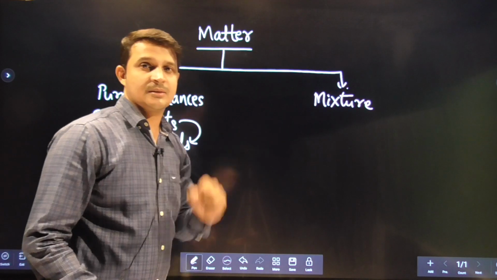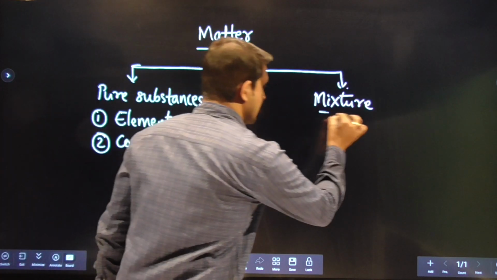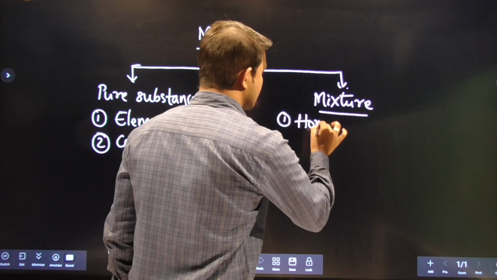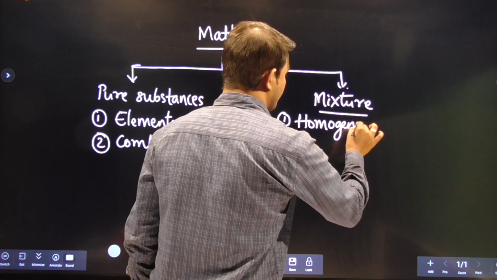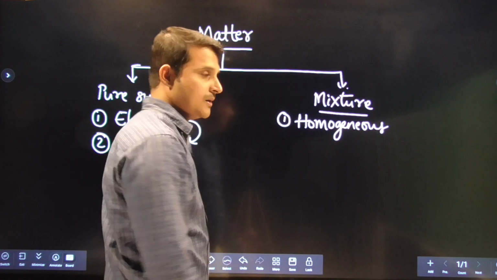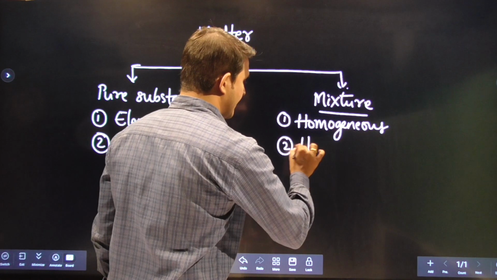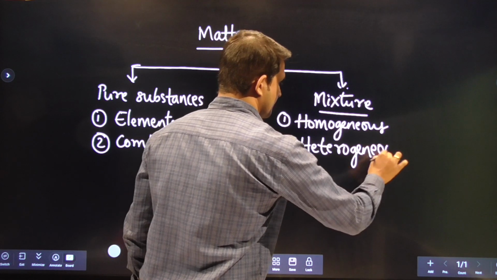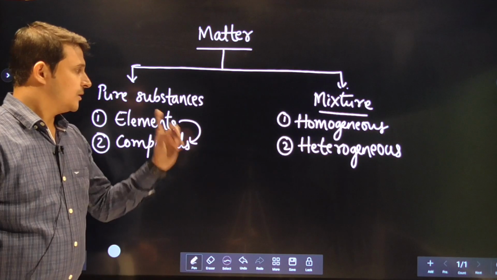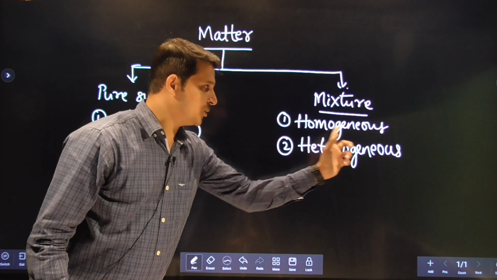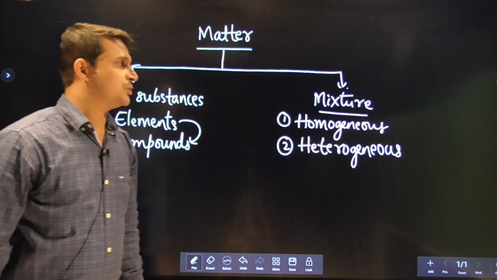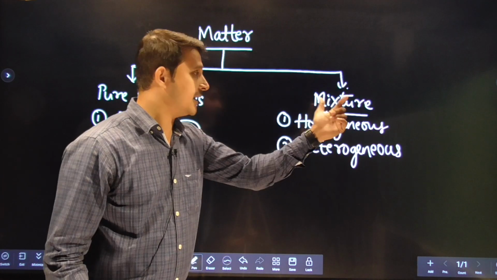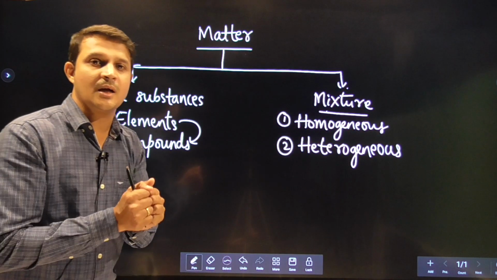Next, coming to mixtures. What are these mixtures? Let's see. There are two types of mixtures. One is a homogeneous mixture, and the second one is a heterogeneous mixture. As the name itself indicates, mixture means a mix of components.